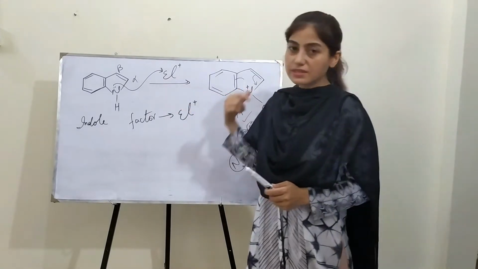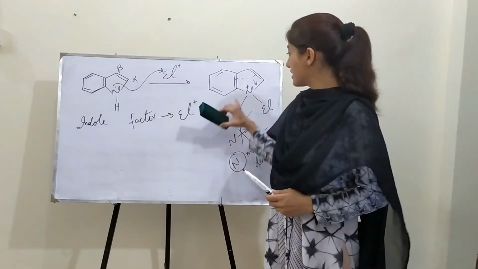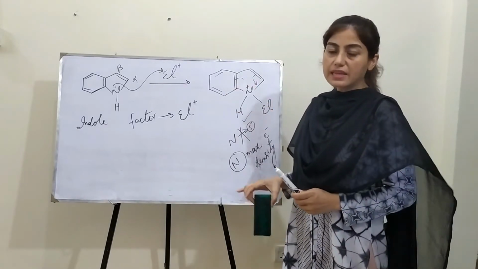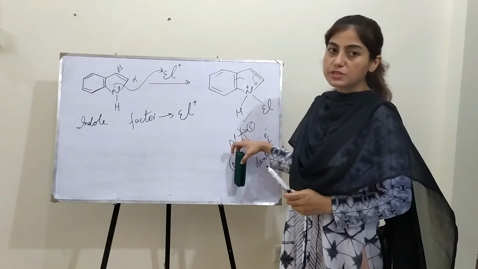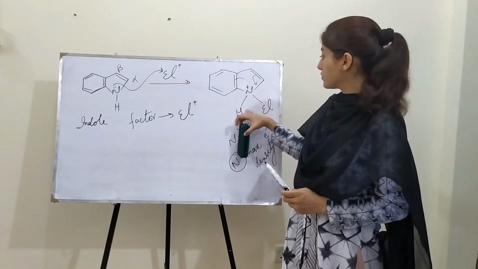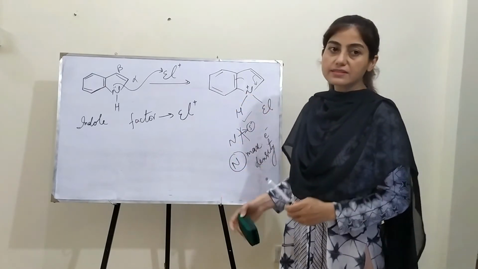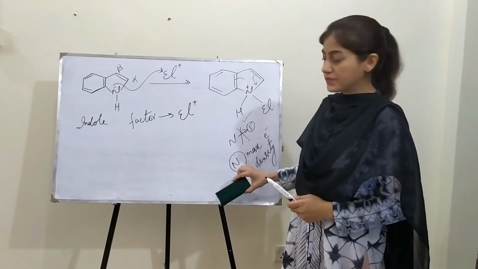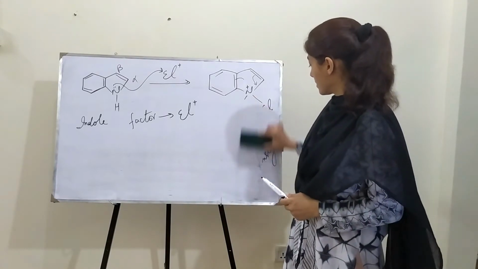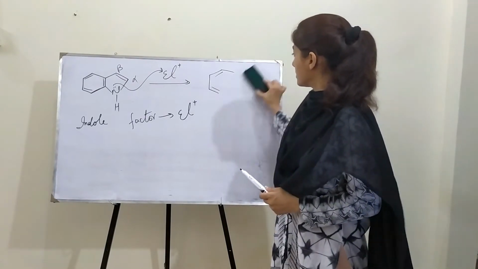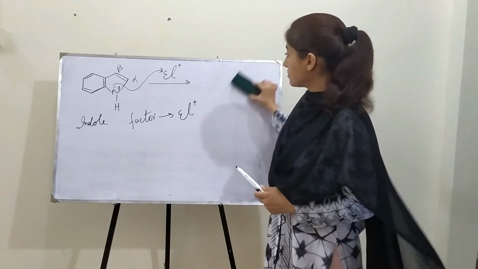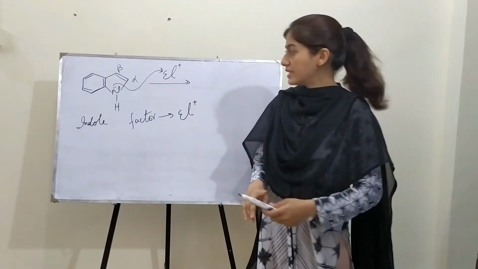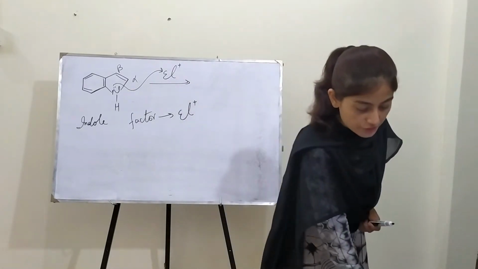So our first statement has been proved: in either case, whether it draws the electron density from either side, it would have 5 bonds that would not be supported, and if it forms these 4 bonds, it would still have the lowest electron density, and normally that does not happen. So in this case we may say that the aromaticity of the 5-membered ring is lost if the electrophile attacks the nitrogen of the indole.